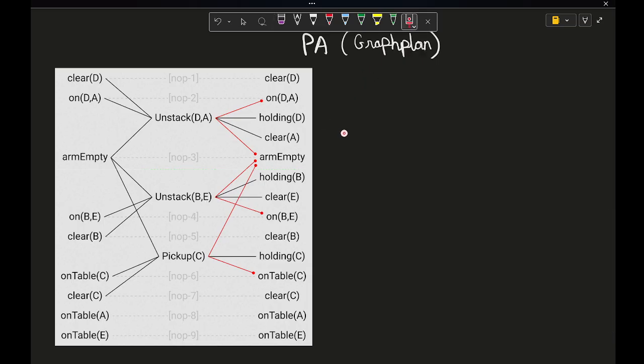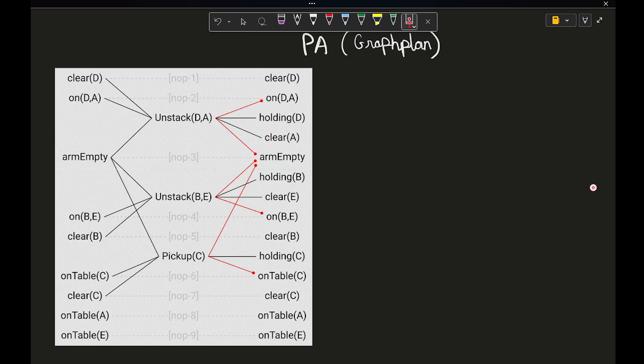Is there any precondition of action A and B such that the preconditions themselves are mutex? We are dealing with the first layer, so it will not have any preconditions that are mutex, because the algorithm is just starting out. This is just the starting state. So the first condition will not apply here.